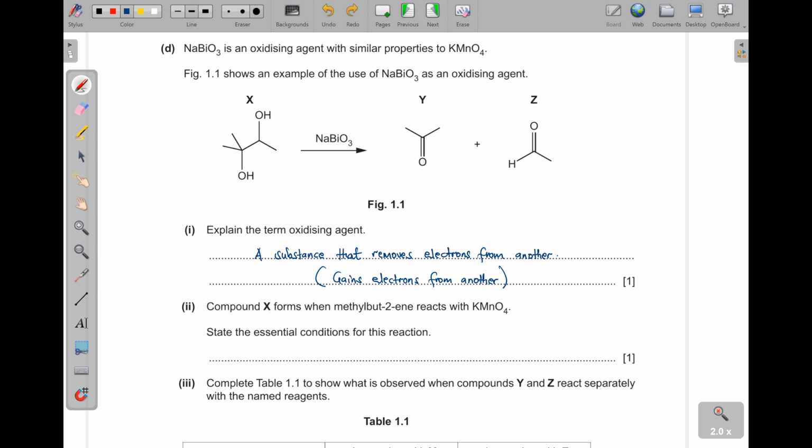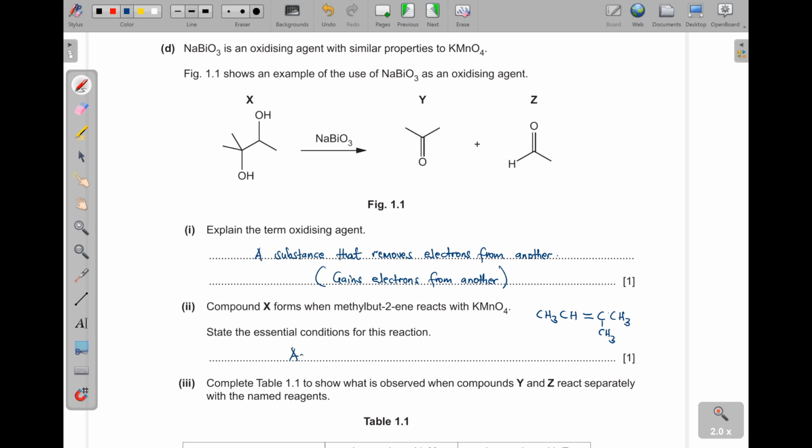Methylbutene is this one here, CH3, CH, then double bond, then C, then we have a CH3 here, and then the CH3 here. So we are seeing an OH here, and then an OH here. So automatically the potassium permanganate has to be acidified, cold, and dilute.